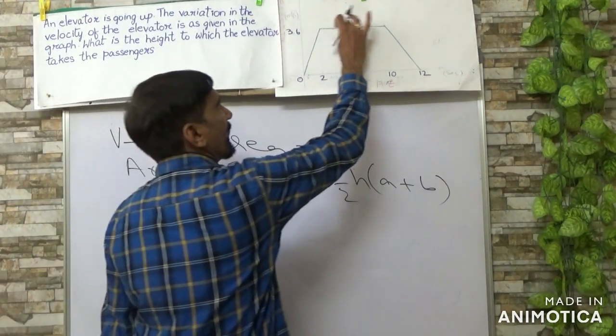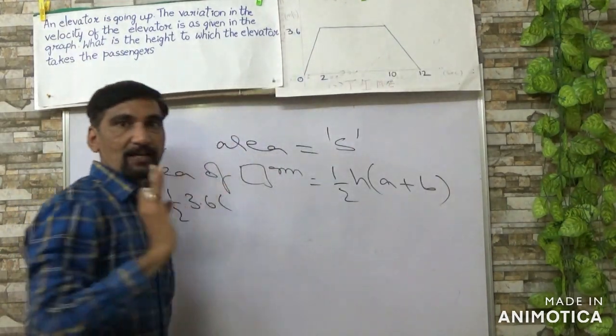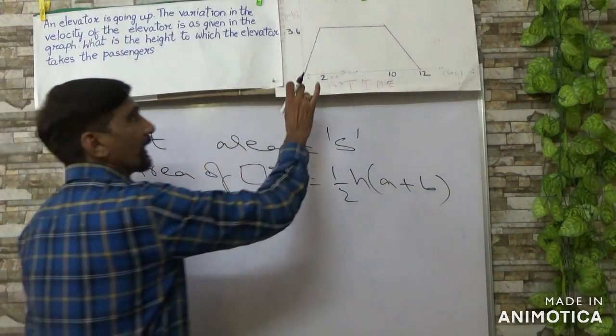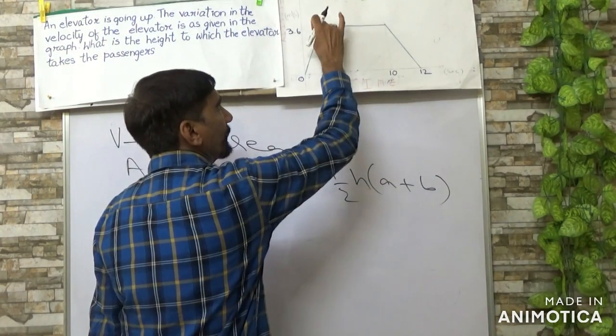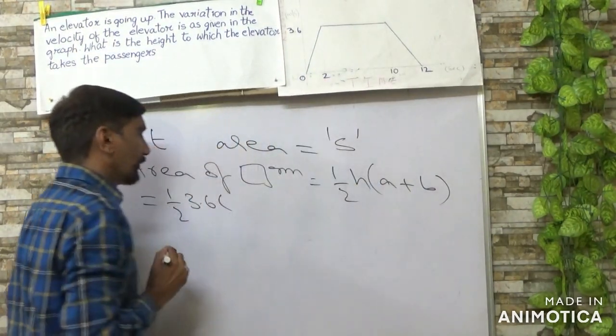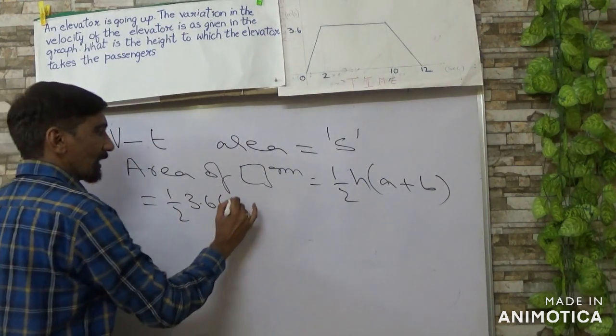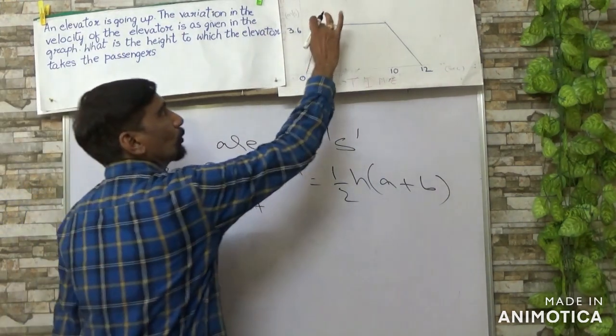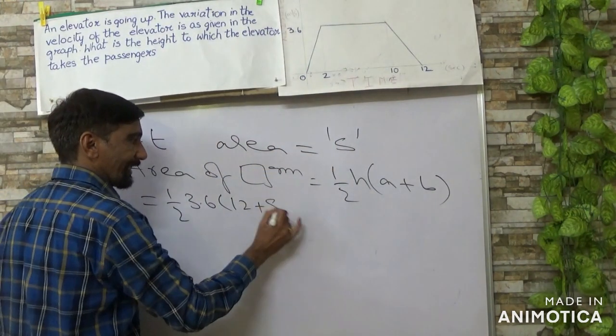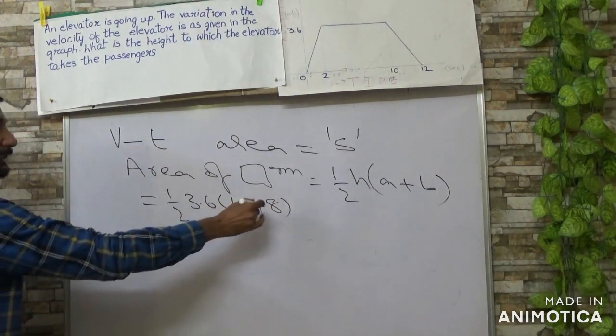You know a and b are parallel sides, so a is 12, b is between 2 to 10, so 12 plus the difference 8, so 20.